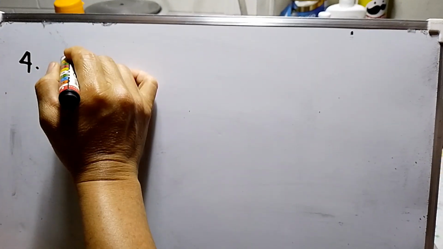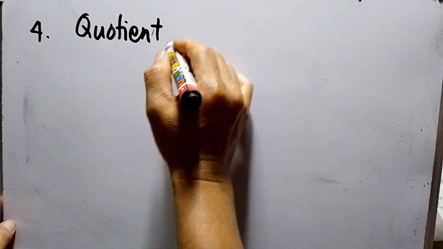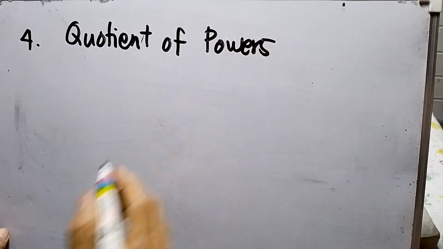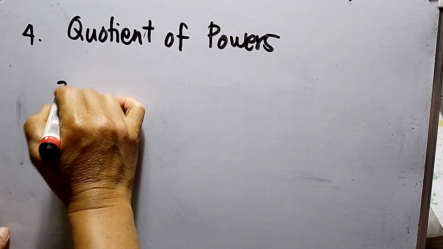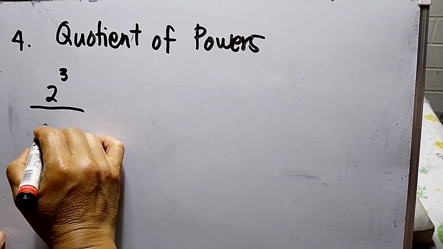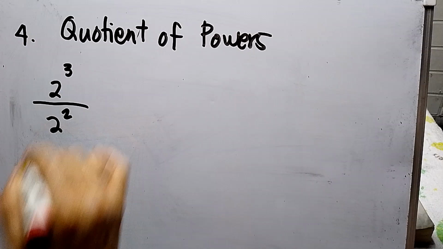Law number 4 is the quotient of powers. For example, 2 to the 3rd power over 2 raised to the 2nd power.